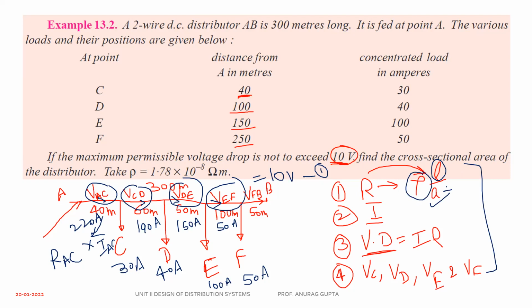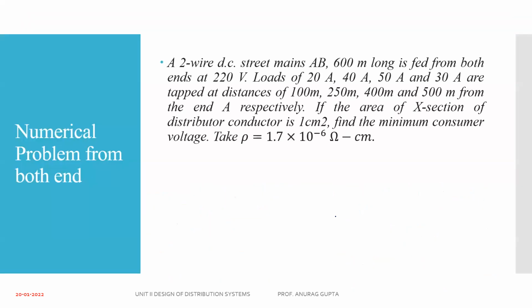So area will also be in meter square. I'm assuming the area will be in meter square, and I will convert to mm square later. Current is already given. Then find I into R of each section, the voltage drop of each section by multiplying resistance and current of that section. Then add all voltage drops, and it must be equal to 10 volts. Yes, Ohm's law, that's what I'm applying here.